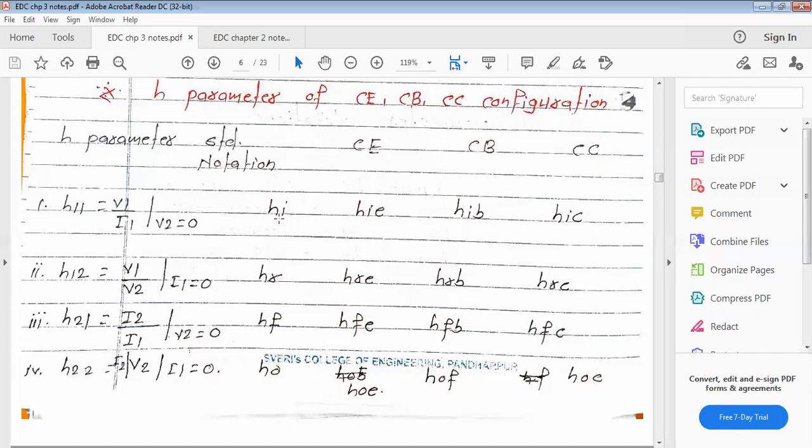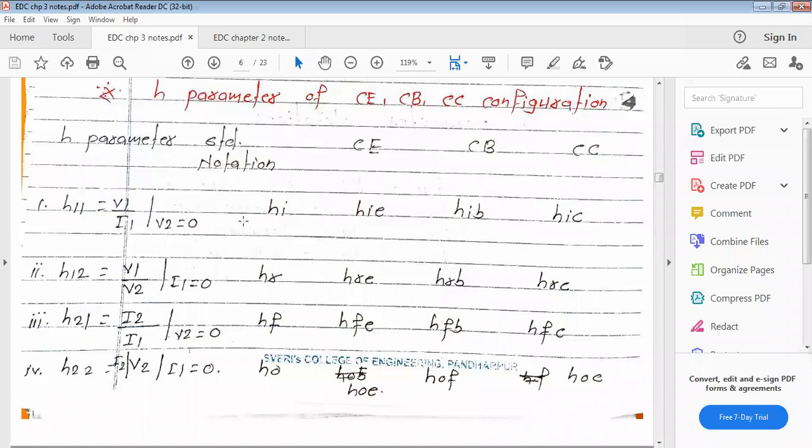If we define this HI for common emitter, we represent it as HIE. This E indicates that it is for common emitter. Similarly, if we find HI for common base, we represent it as HIB.